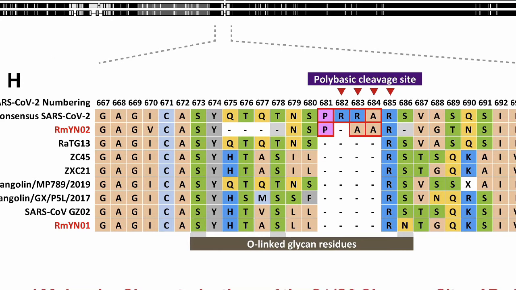And what we observe here is this newly discovered virus. And what we see is that these few amino acids are inserted at that position, but they are not of polybasic character.